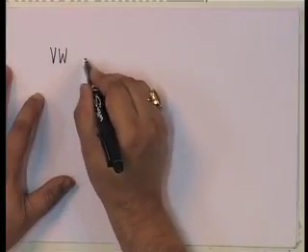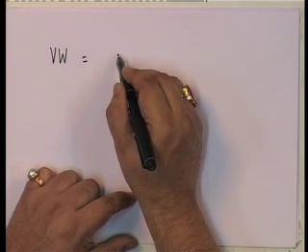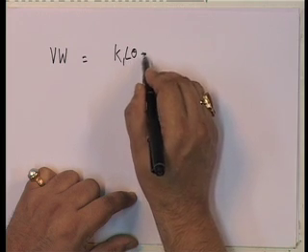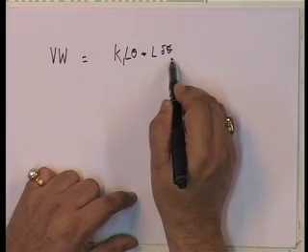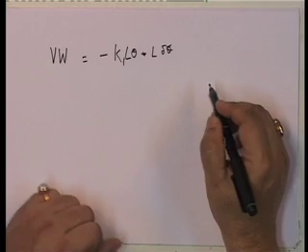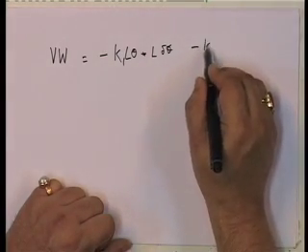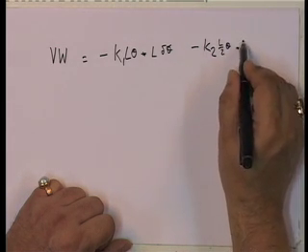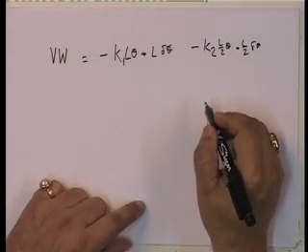The virtual work is equal to what? Let me take the first one: it is going to be k1 L theta into L delta theta. This is the real force undergoing the virtual displacement, and it is negative because it is negative work. Then the next one is k2 L by 2 theta, the force undergoing the displacement, and this also undergoes negative work.